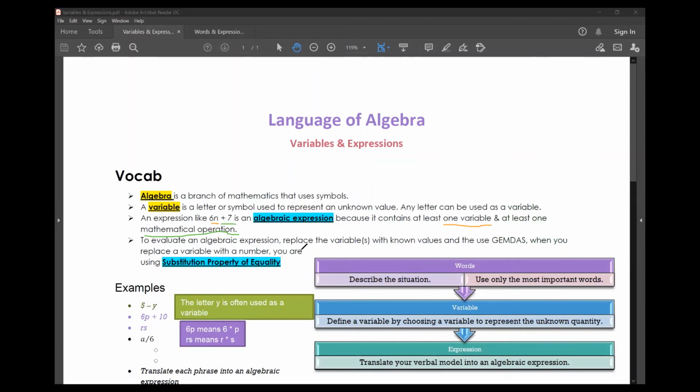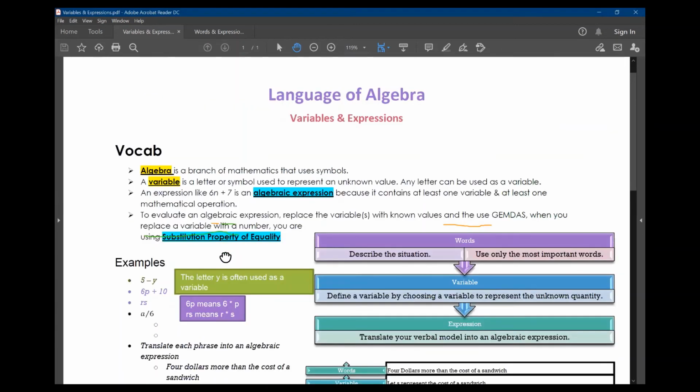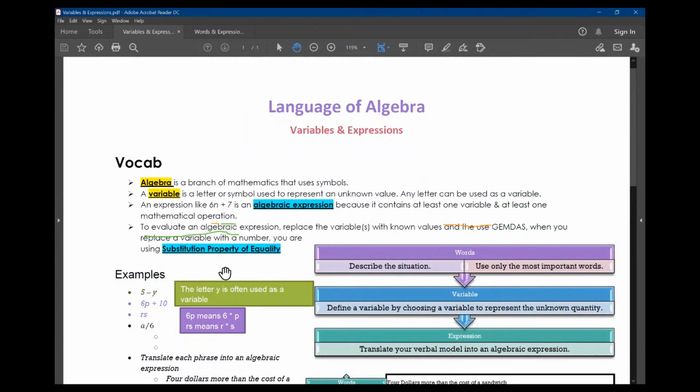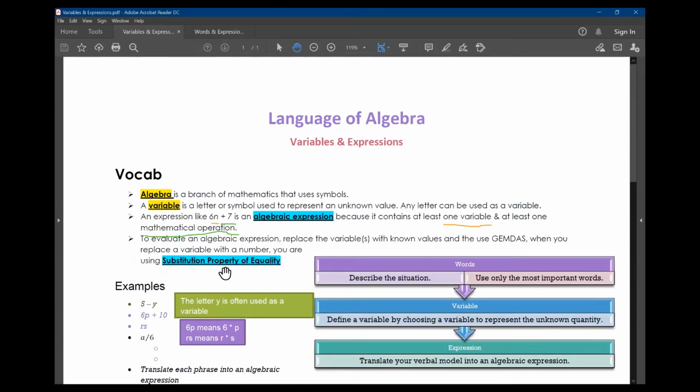Now, to replace a variable with a number, you are using the substitution property of equality, which I'm going to take a minute to write all this down.